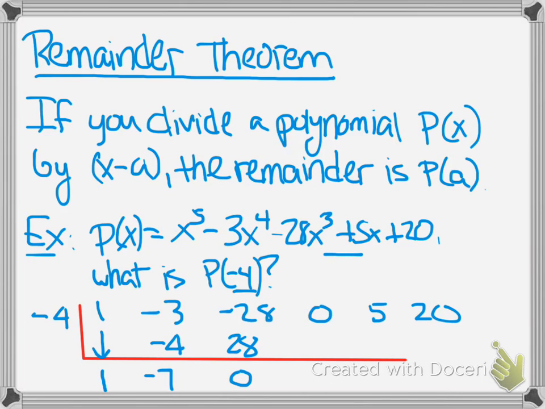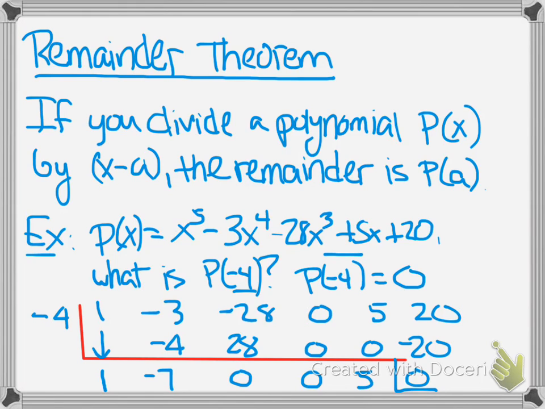Add the column for 0. Multiply to get the next number, 0. Adding is 0. Still lots of zeros here. 5, negative 20, and the remainder is 4. So this tells us that p, the quintic polynomial function evaluated for negative 4, is 0.